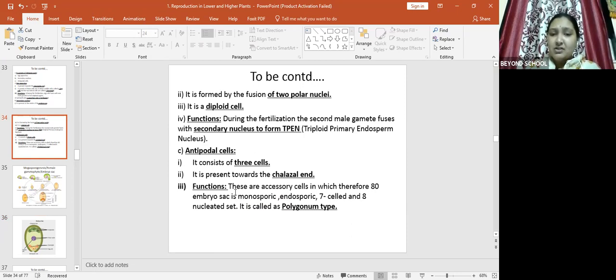What is the function of this antipodal cell? It shows an 8-nucleate embryo sac, monosporic and endosporic.